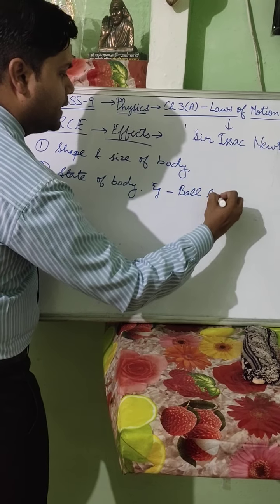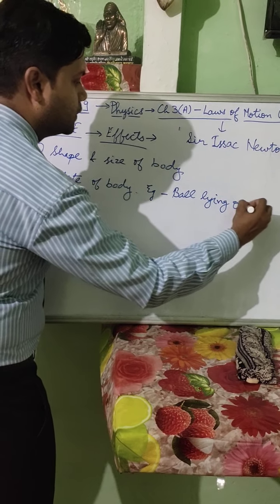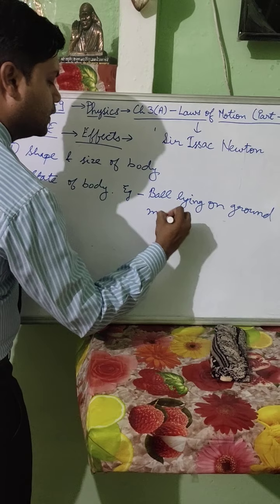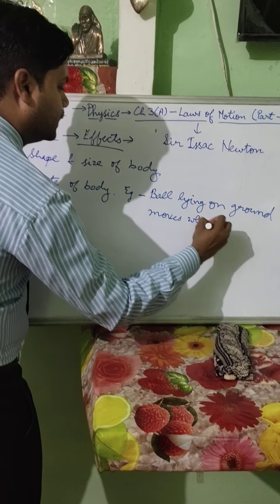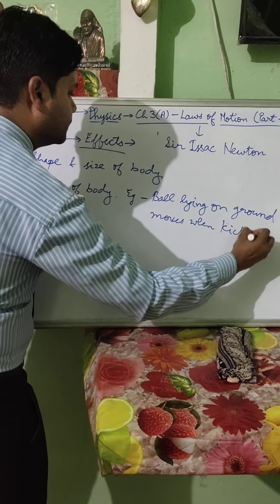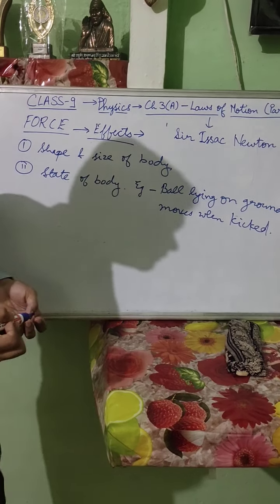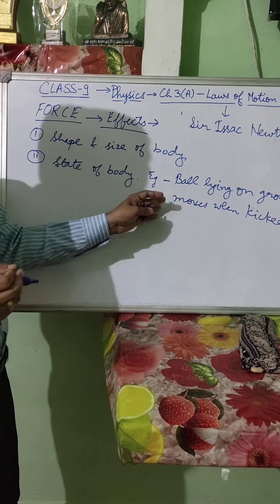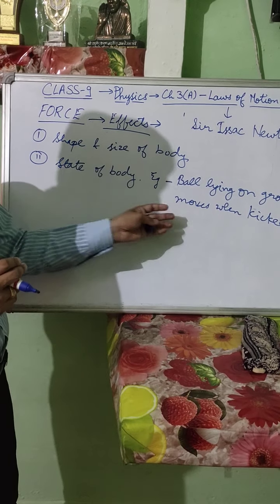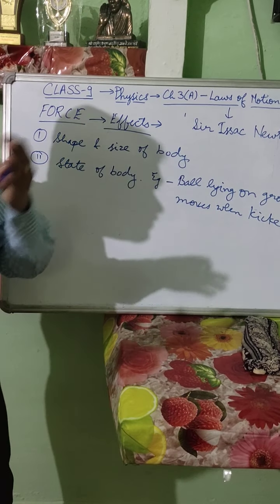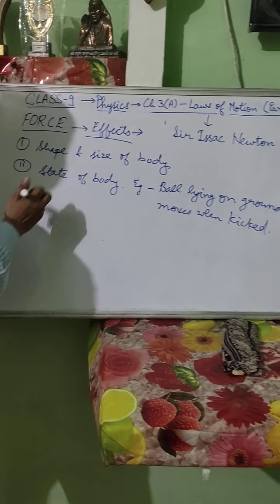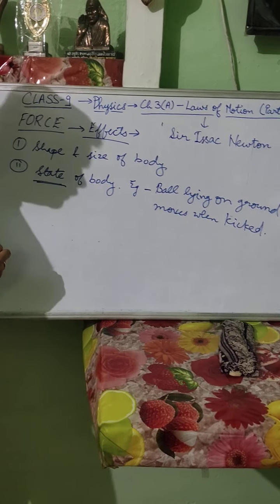For example, it can change the state of the body: a ball lying on the ground moves when kicked. We all play games. Definitely we might have seen that whenever we kick the ball with our foot, the ball starts moving. So previously the ball was at rest and now the ball has turned into motion. So it has changed the state of the body.